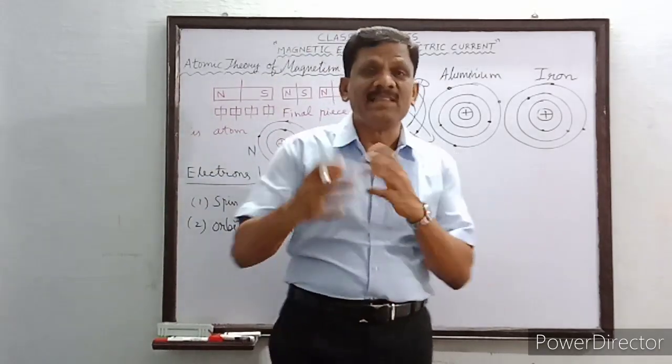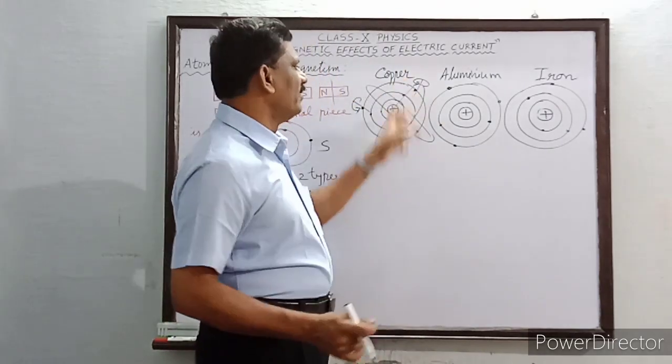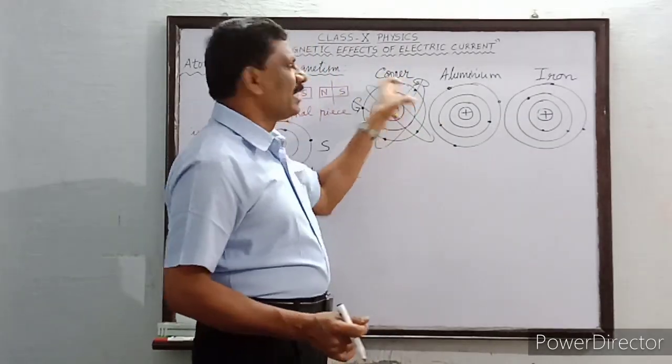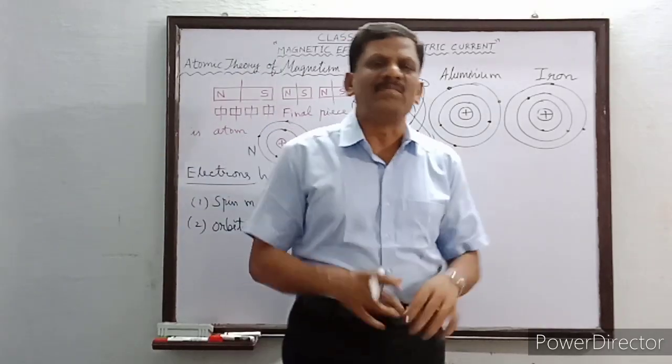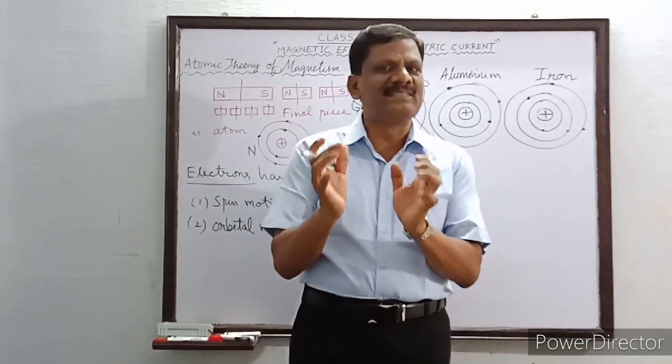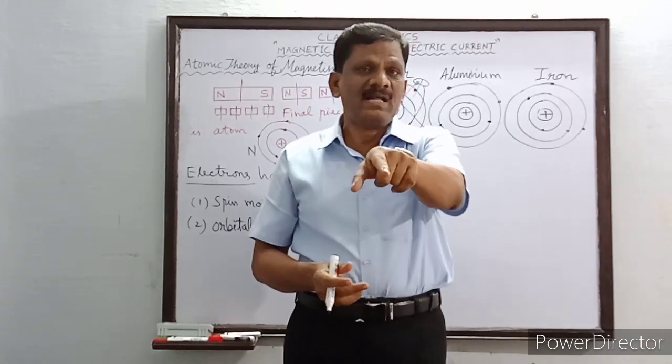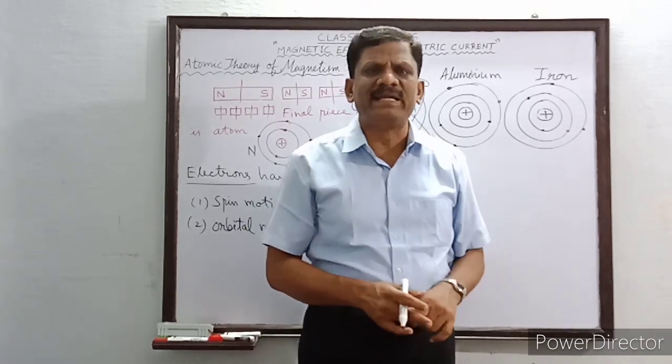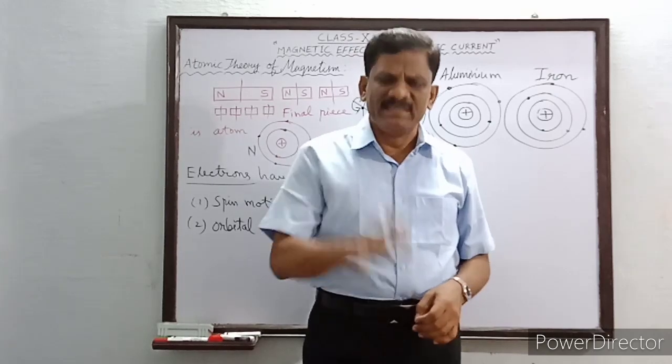Like that, if you add the magnetic moment of each and every electron in this copper atom, the net magnetism of the entire atom is equal to what? 0. The net magnetism of the entire atom is 0. But does every electron possess magnetism or not? It is there.